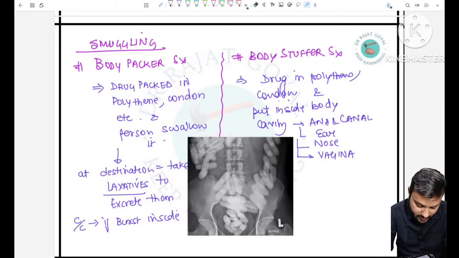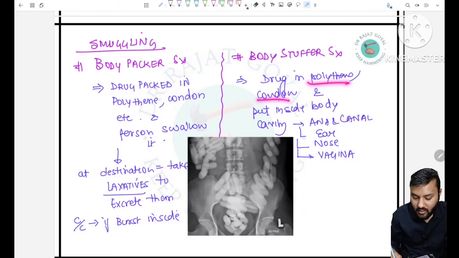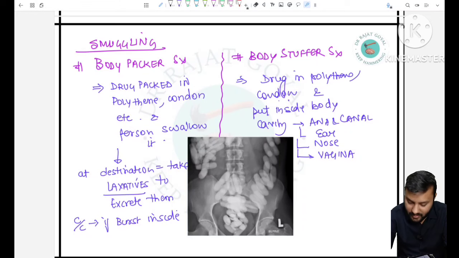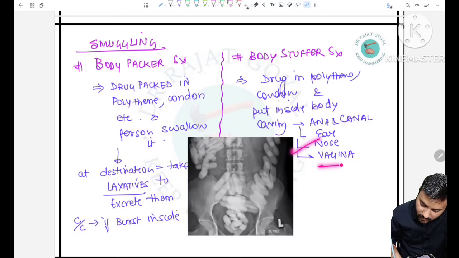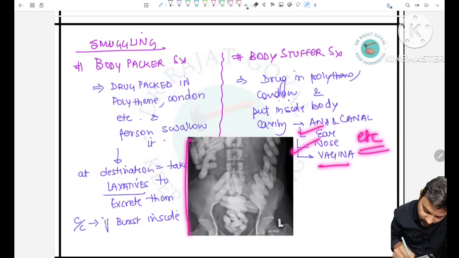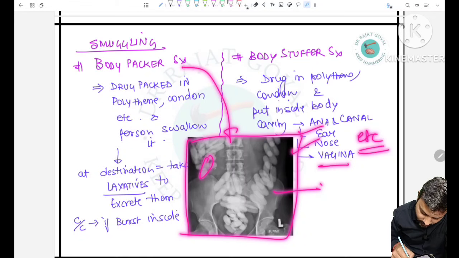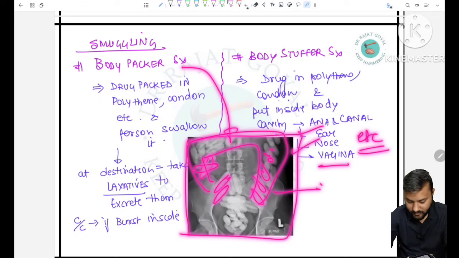In body stuffer syndrome, these polythene packets or condoms containing the drug are kept inside body cavities, such as the anal canal, vagina, nose, ears, etc. This is the X-ray image of body packer syndrome, in which we can see various capsule-like structures present in the intestine.